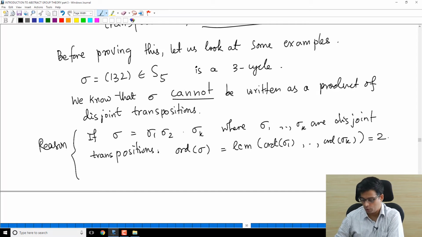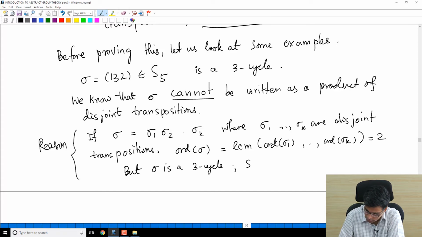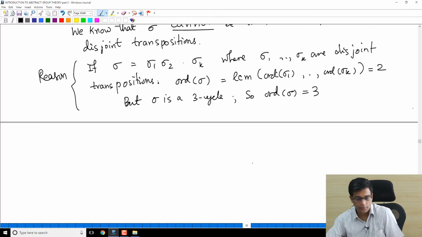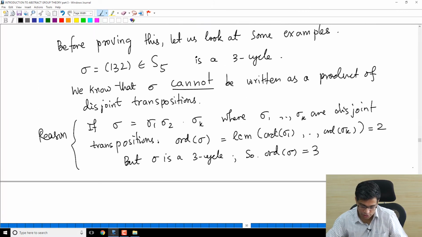So the order of sigma would be 2, because the LCM of 2, 2, 2, any number of times is 2. But sigma is a 3 cycle. So the order of sigma is, by another proposition that we have proved some time ago, 3 because it's a 3 cycle. So if it can be written as a product of disjoint 2 cycles, its order would be 2, whereas its order is 3. So it can't be written as a product of disjoint transpositions.